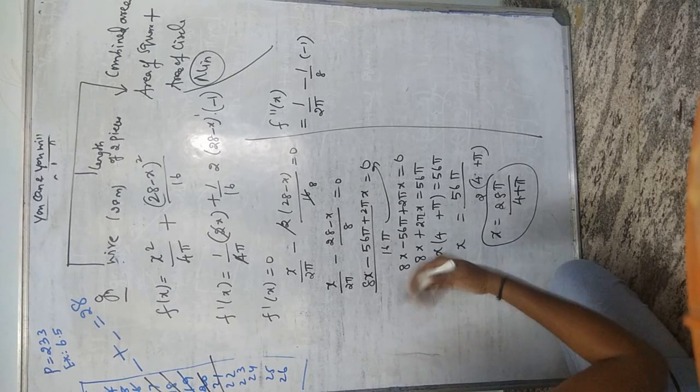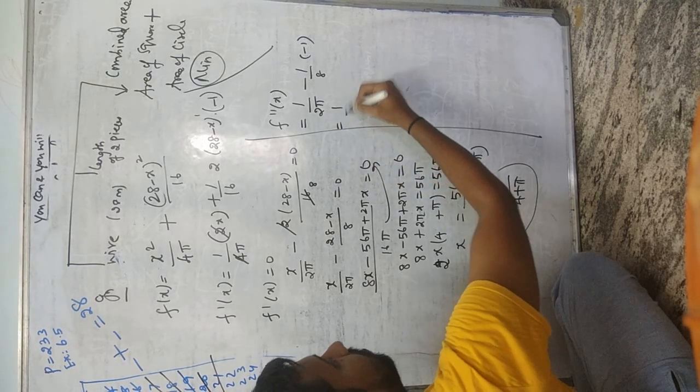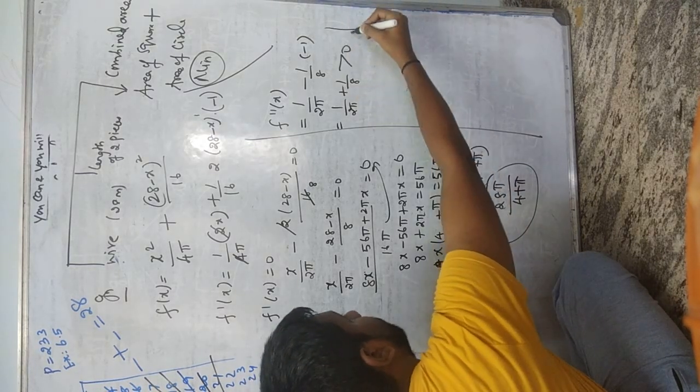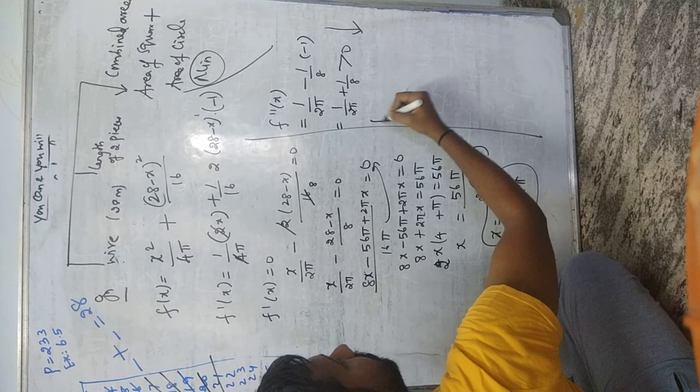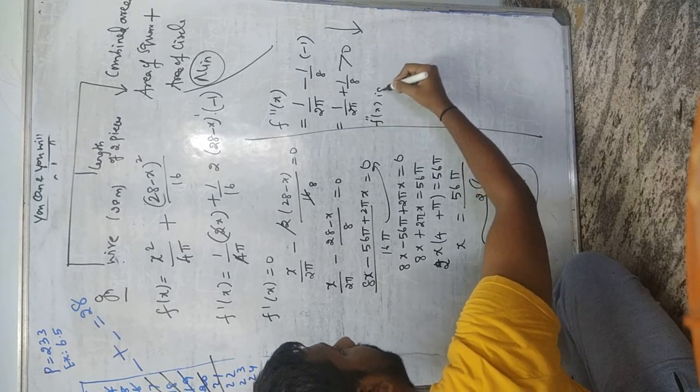There is no x at all, so I am not getting an x value. Hence 100%, this is positive: 1 upon 2 pi plus 1 upon 8 is positive. Now this will be a minimum.